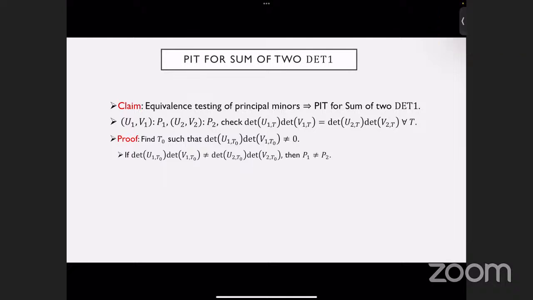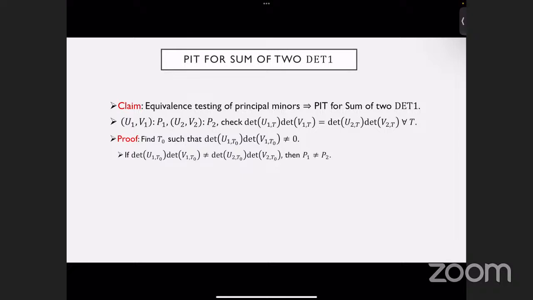So here is a brief proof idea. First we find any subset T naught such that this product of determinants of some matrices is non-zero, and this is equivalent to the problem of linear matroid intersection, and there exists a polynomial time algorithm for that. So first we find T naught, and then we check whether this product is the same for the pair U2 and V2, and if it is not the same, then these two polynomials P1 and P2 are not equal.